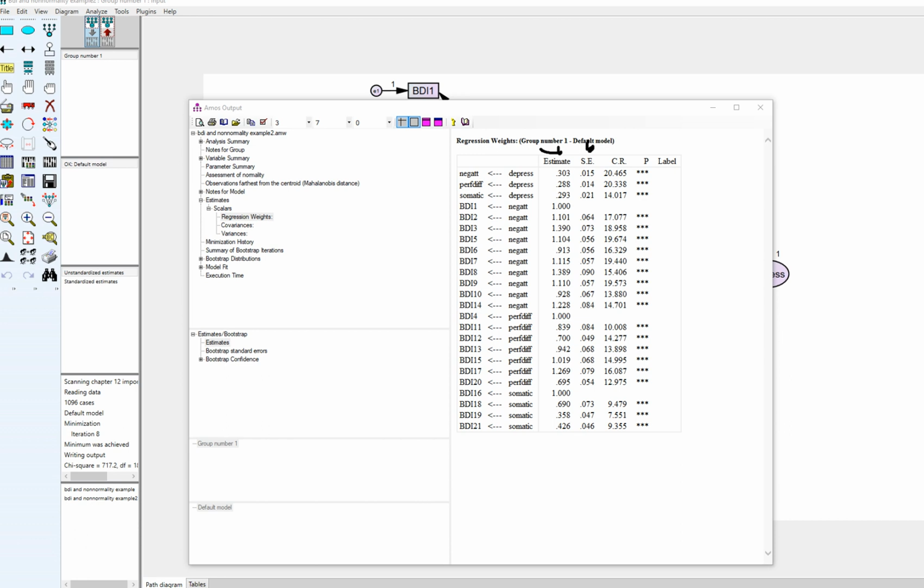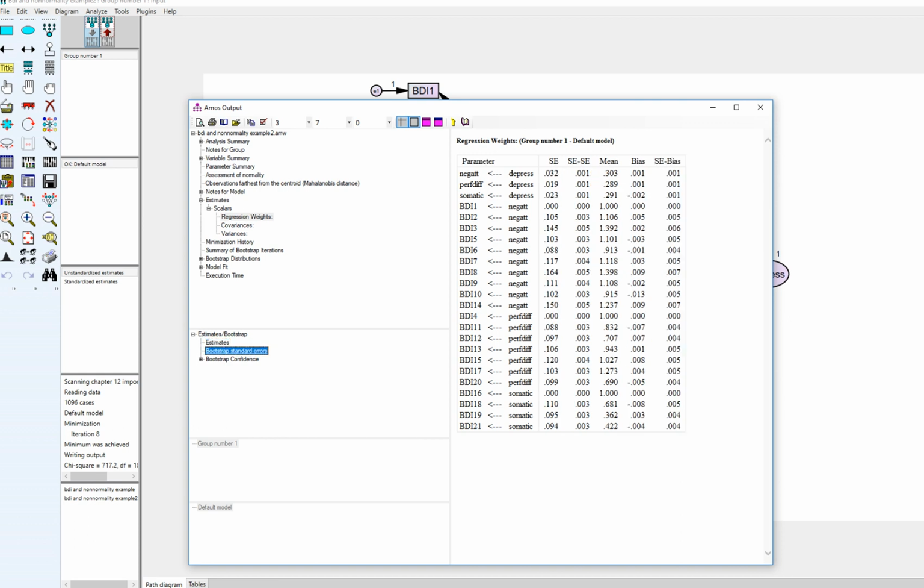The standard errors are based on the maximum likelihood estimation, the critical ratio, which are z-values, and then the p-values that you see right here. Now, if I want to get the bootstrap standard errors, I can click on this button right here, and these are the bootstrap standard errors.